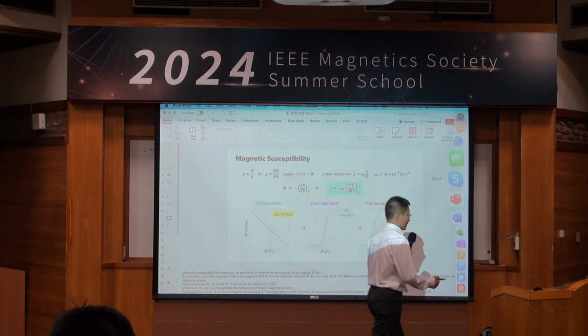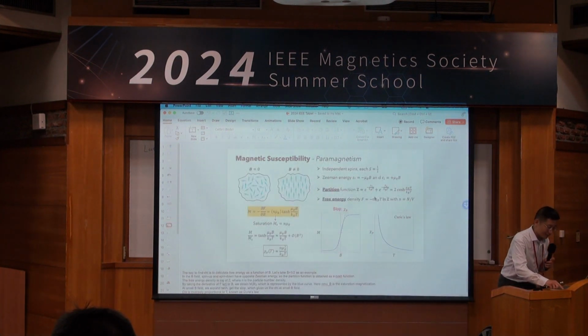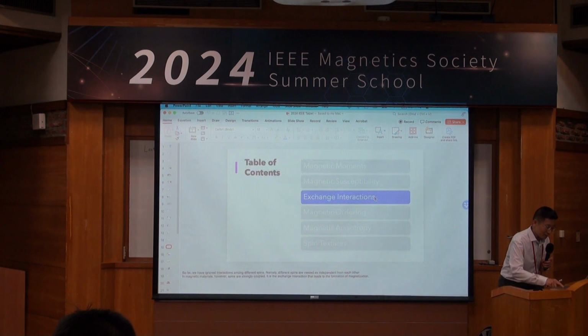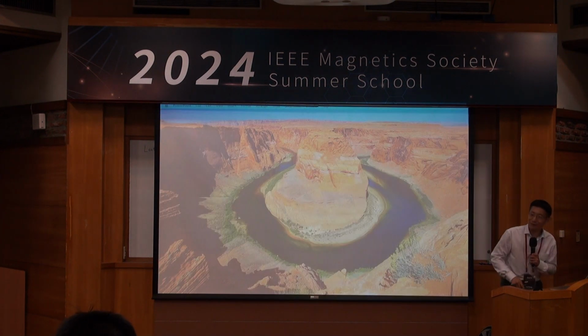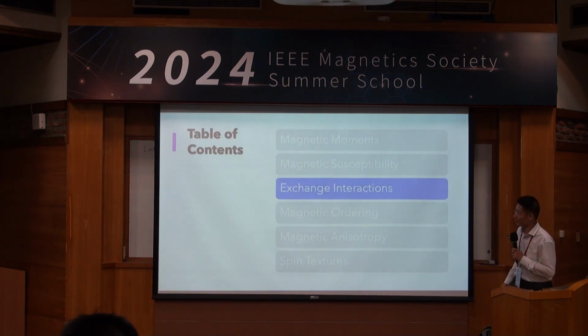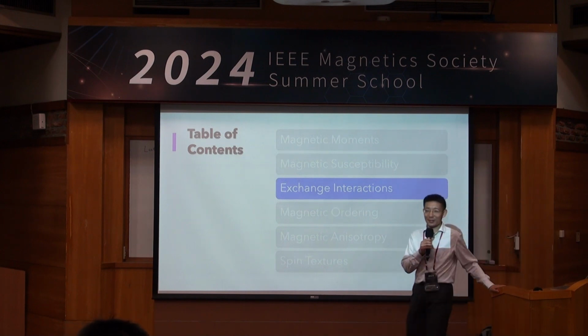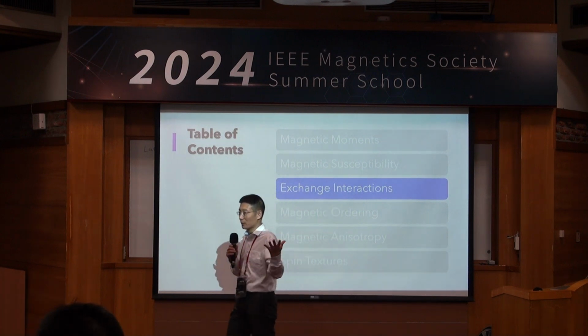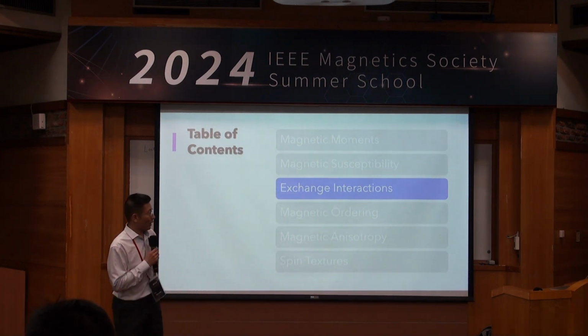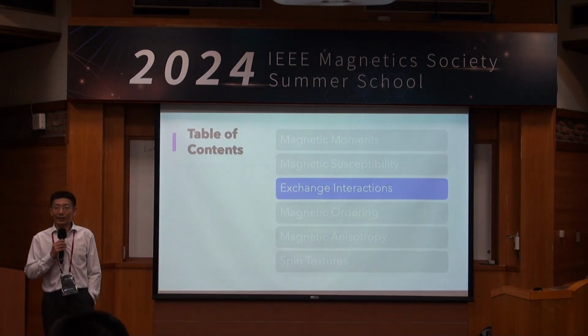Okay, so let's move on. Unfortunately, the progress is much slower than I initially planned. But now, having talked about paramagnetism and independent spins, independent particles, we come to the point of magnetic interactions.